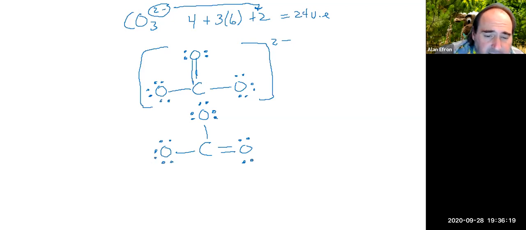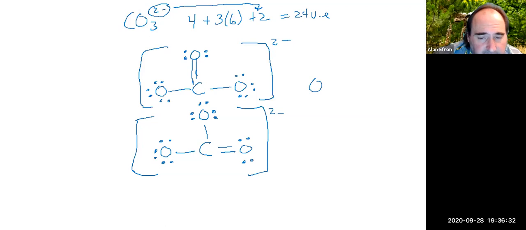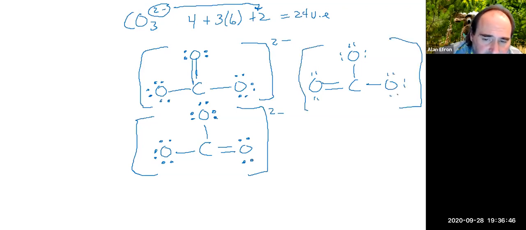And I actually had a third option, which is I could double bond on the left-hand side. And if I double bonded on the left-hand side, it would look like this. Basically just moving that double bond to all the possible locations. And this would give me a third structure.